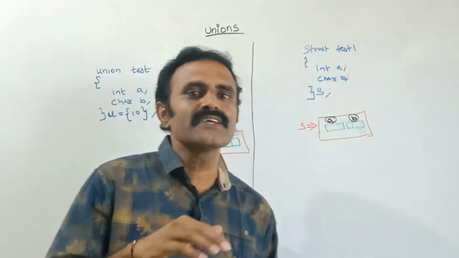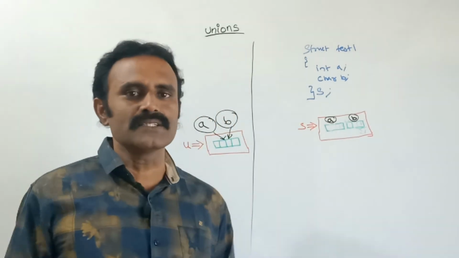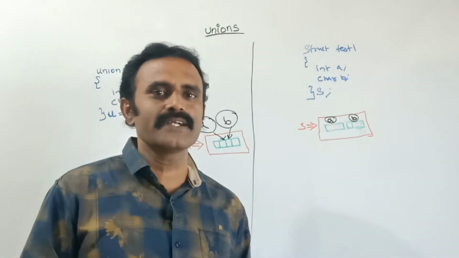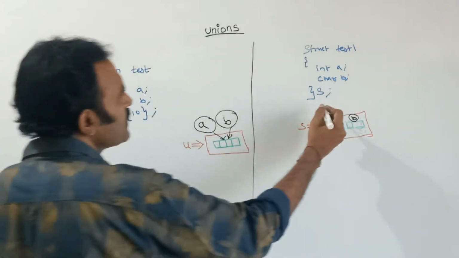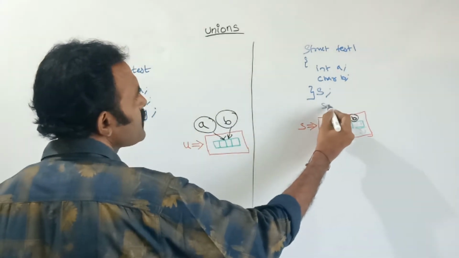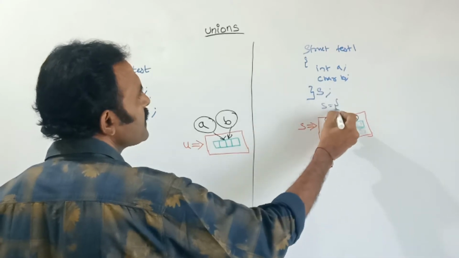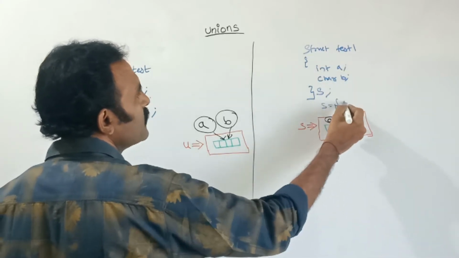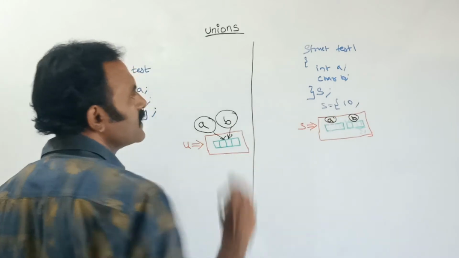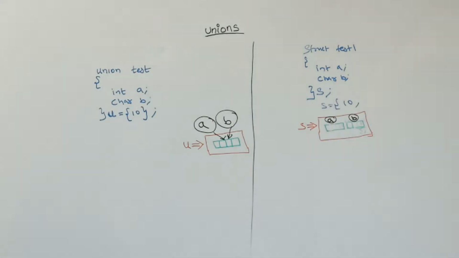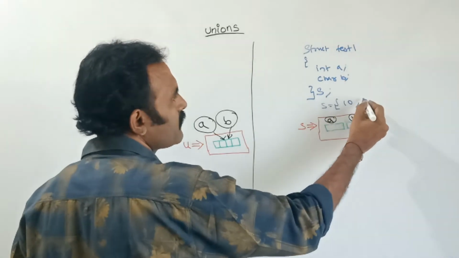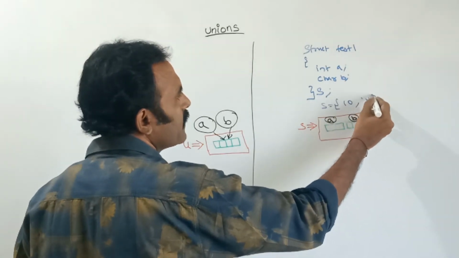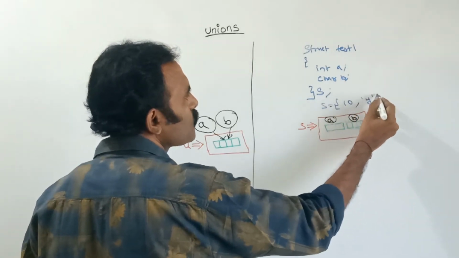We initialize the value for all the members by using the comma as a separator. If I want to initialize the value here, we can initialize like this. S is equal to, suppose I am giving the value 10, next comma. This comma is used for what purpose? It is used as a separator. After this comma, suppose I am giving the letter Y, then this Y will be stored to where?